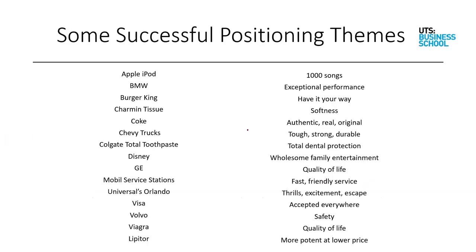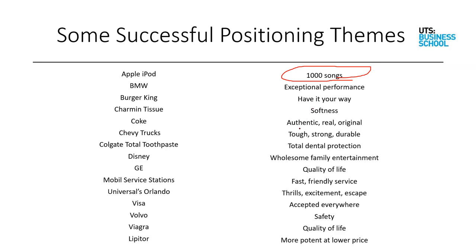Okay, so some other examples of successful positioning themes are given here. For example, Apple iPod positions itself as storing about 1,000 songs, BMW with exceptional performance. Burger King positions itself on the basis of personalization, have it your way. Charmin tissue, softness.